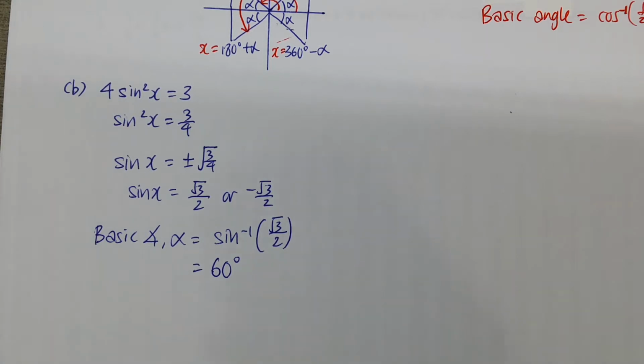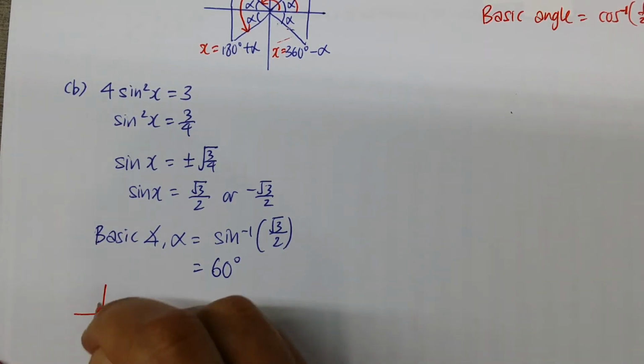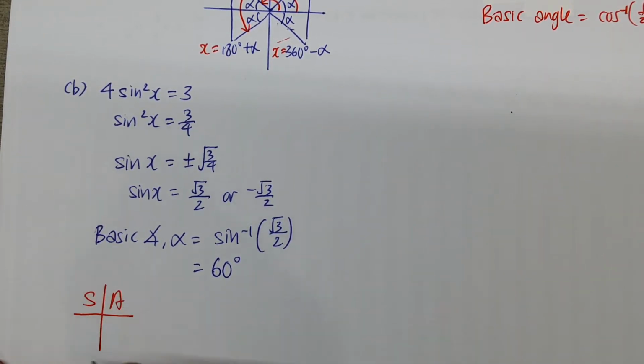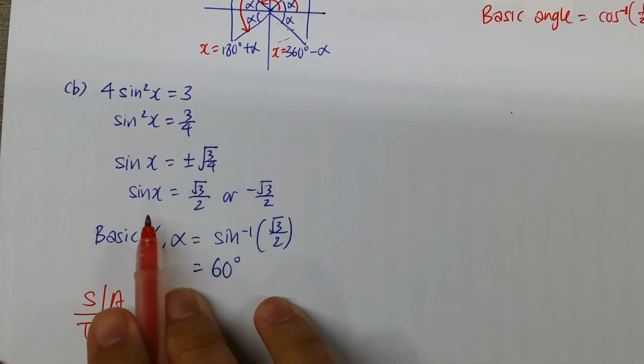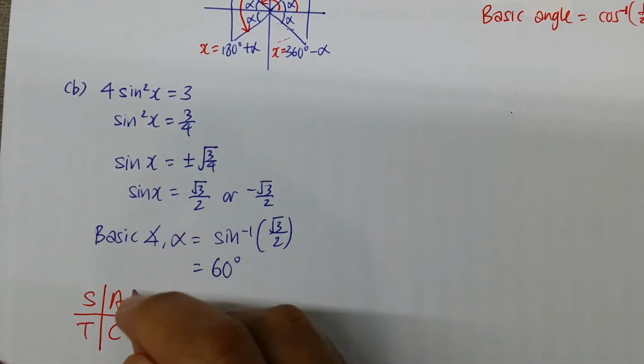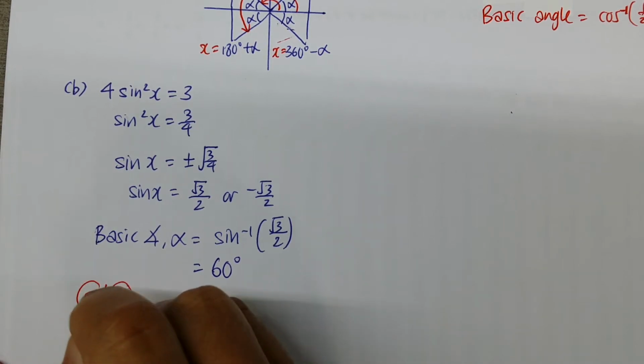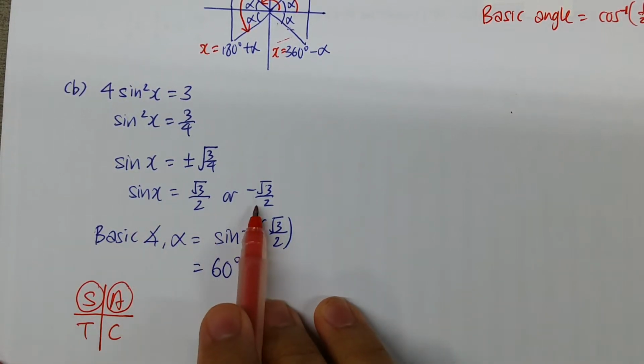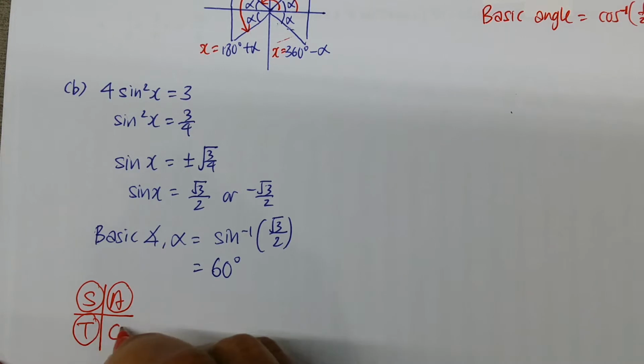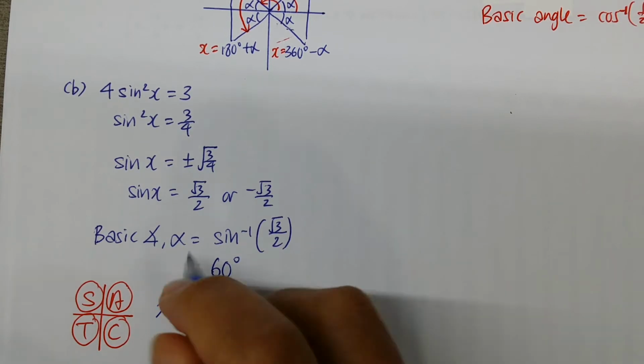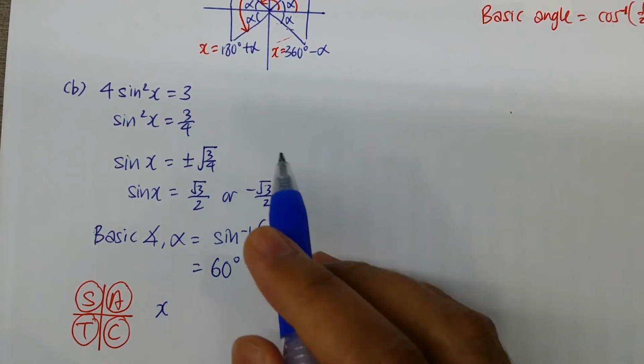Sine is both positive and negative. ASTC. When sine is positive, I consider the first quadrant and second quadrant. When sine x is negative, I consider the third quadrant and fourth quadrant. That means my answer will be in all four quadrants, because sine x is positive or negative.